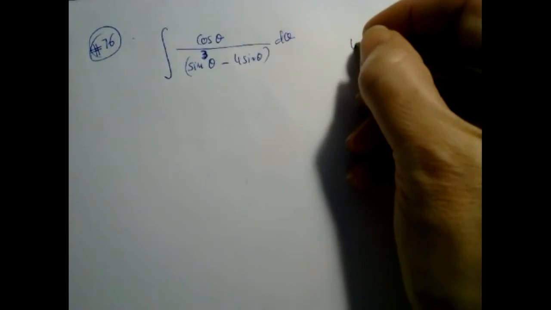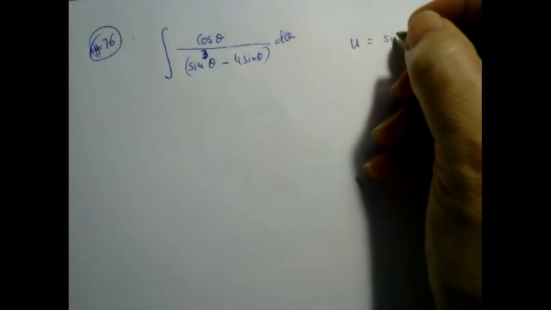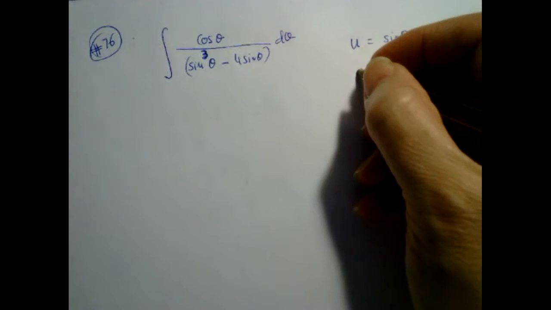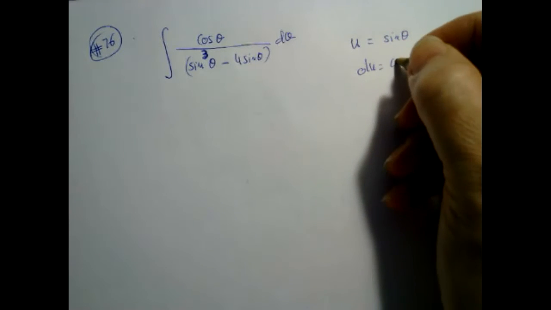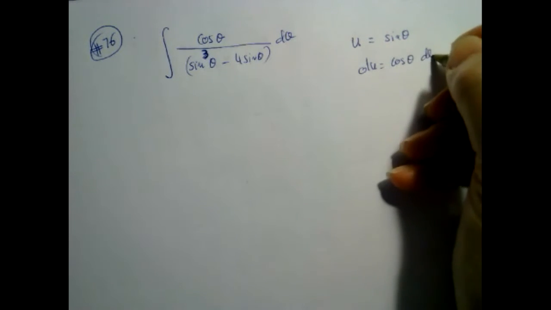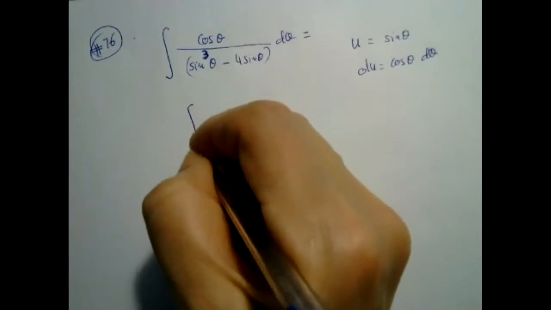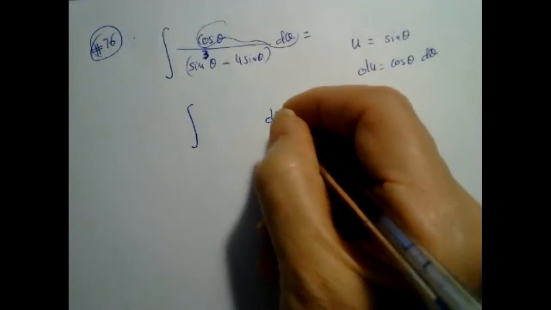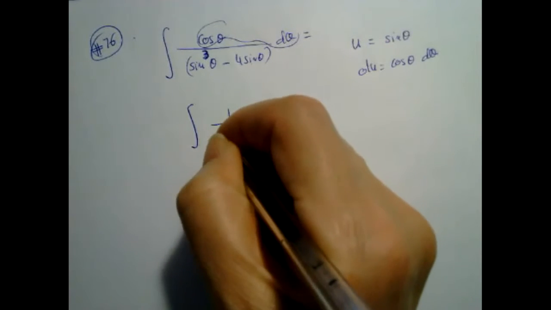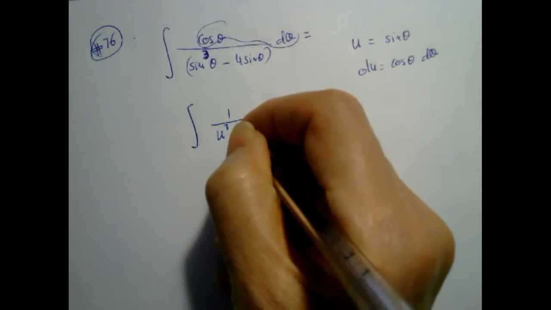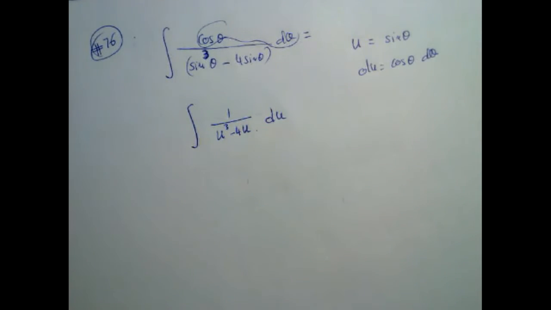So we start with this step. u equal to the sine, then du is cosine theta d theta. By doing this, this will be transformed into cosine theta d theta, that's my du, over u to the power 3 minus 4u.